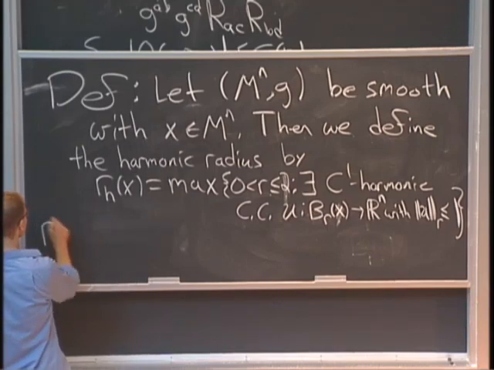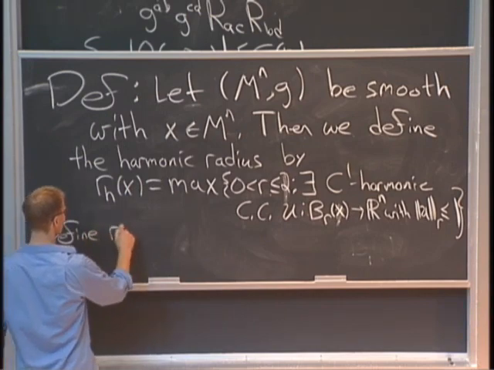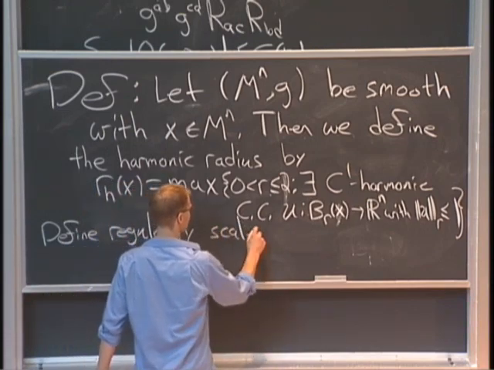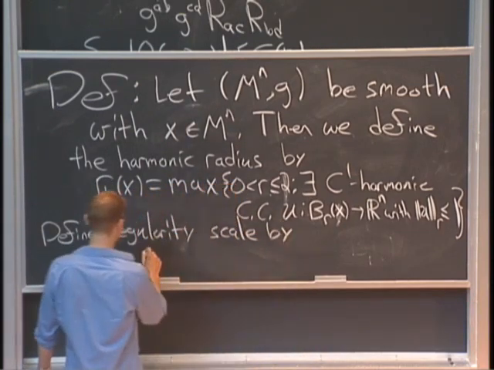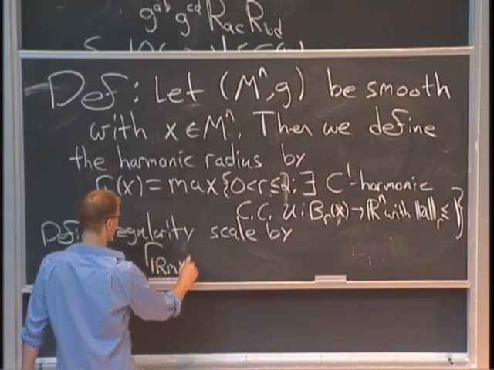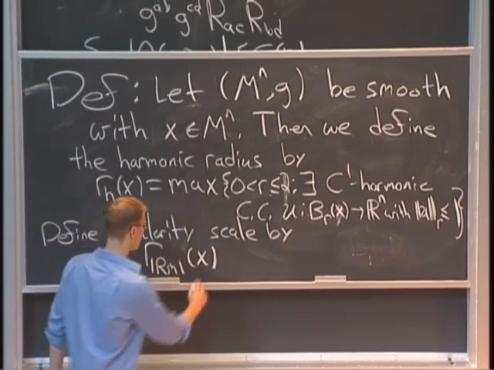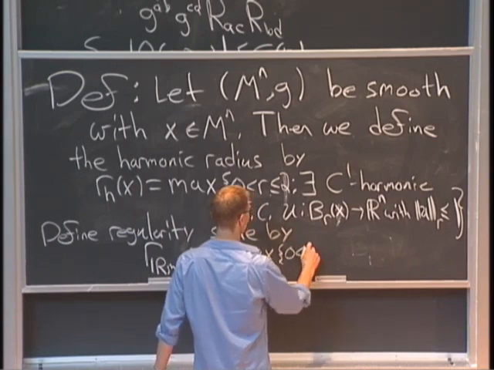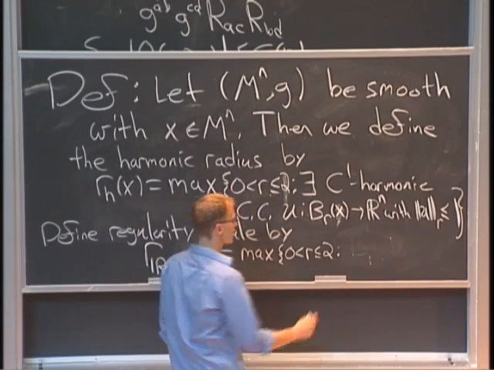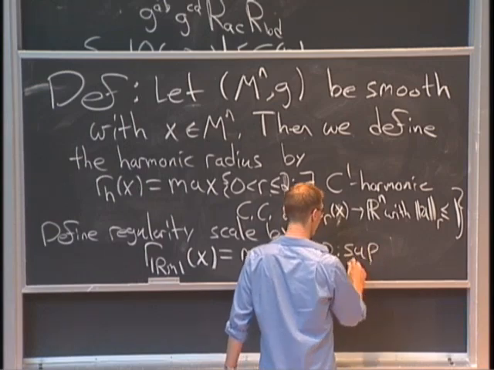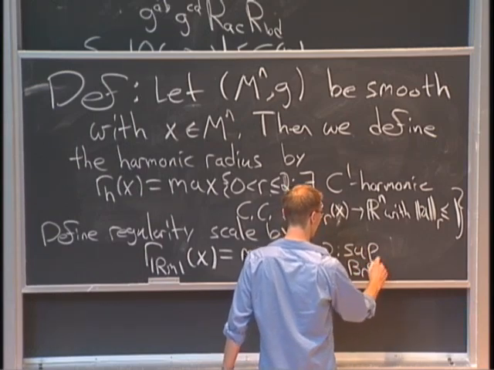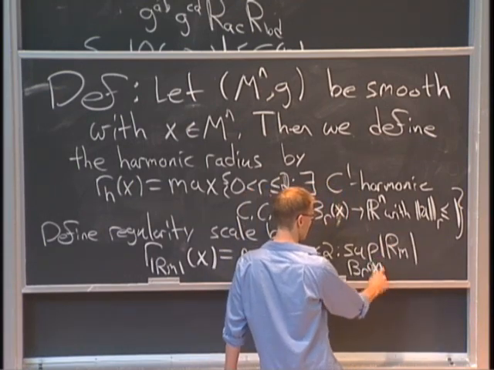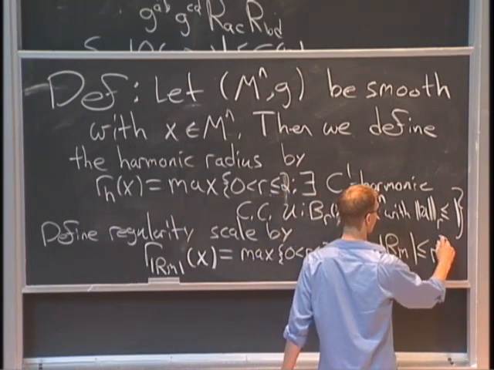Similarly, we define the regularity scale as almost the same thing, but it's equal to the max of all r, let's say 0 less than r less than or equal to 2, such that if we look at the ball of radius r around p, and we look at the curvature on that ball, then it's bounded above by r to the minus 2.